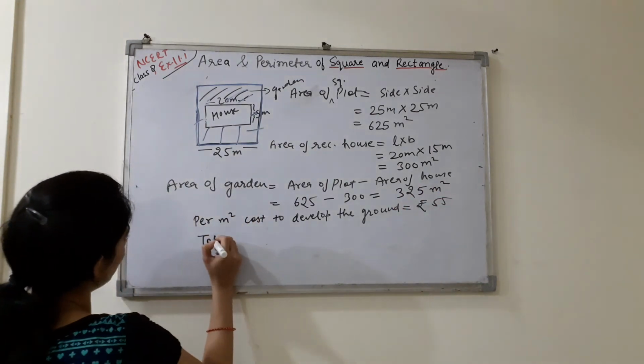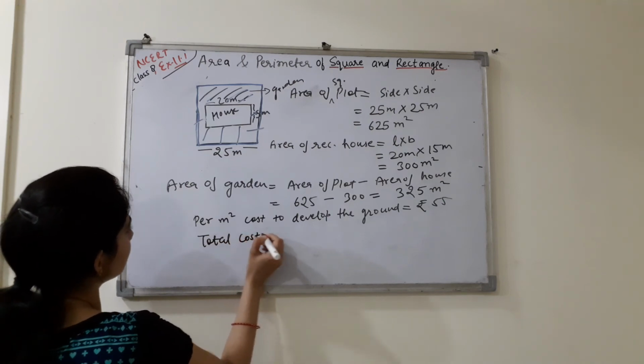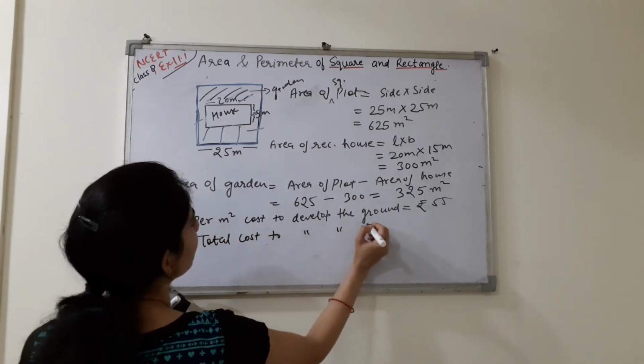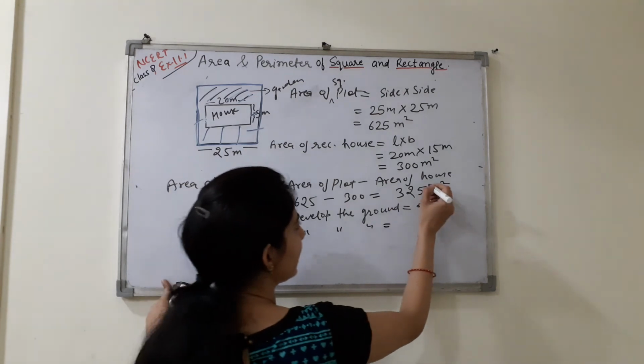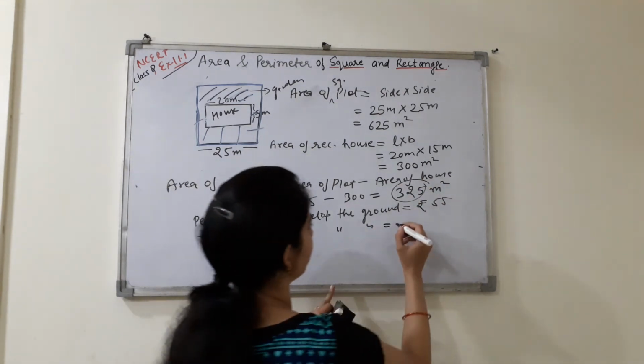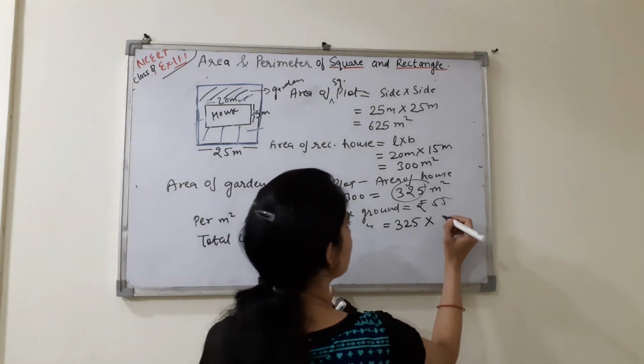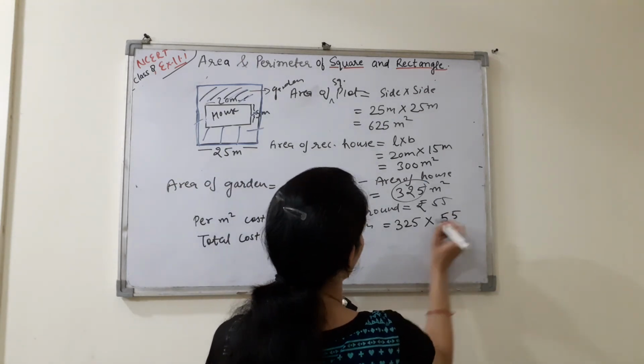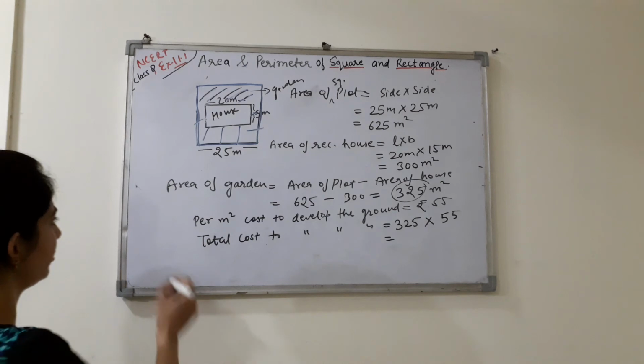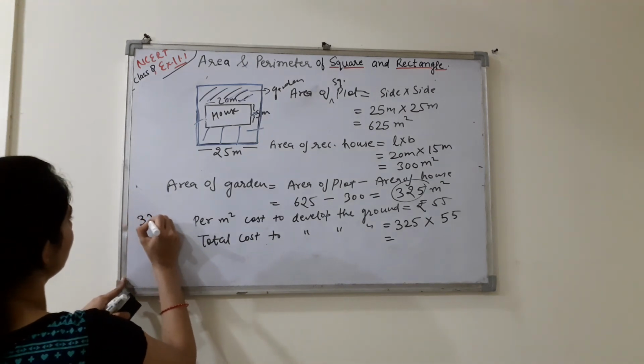So total cost to develop the ground will be, total area कितना है? 325 multiply per meter square कितनी cost है? 55. So your answer will be, you can multiply here.